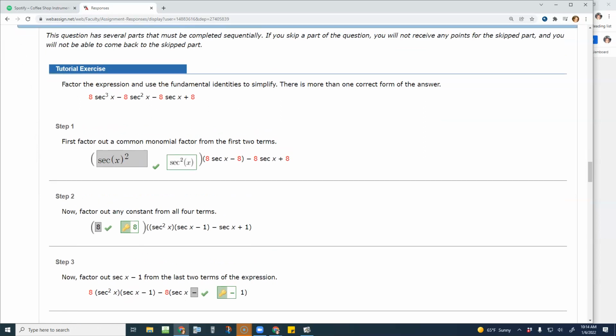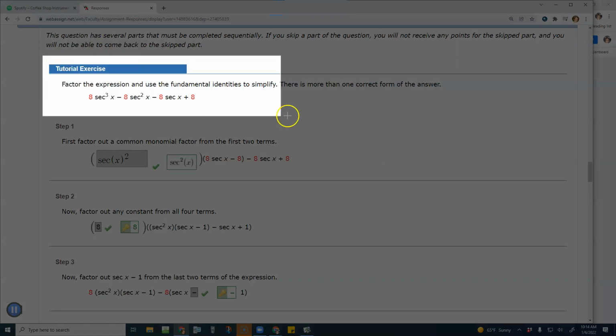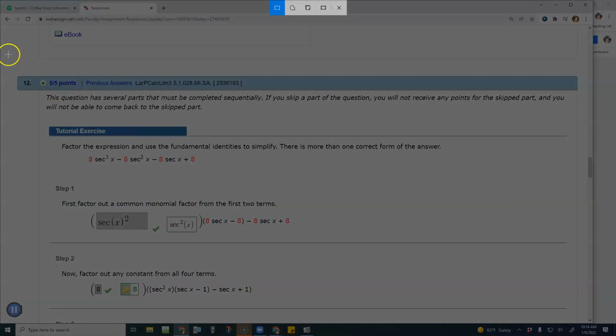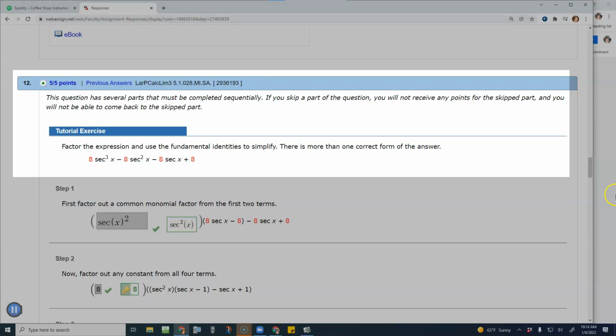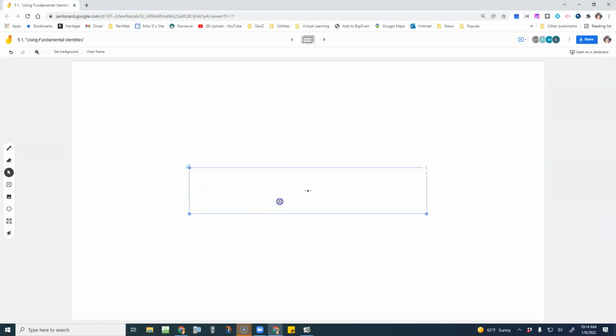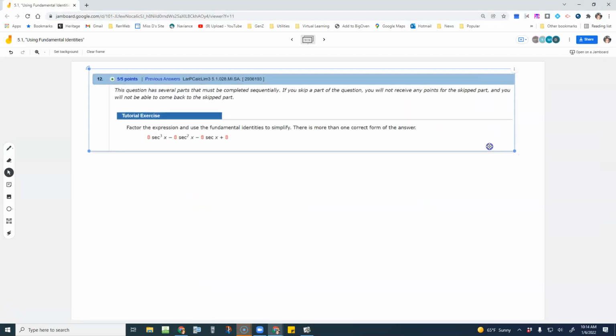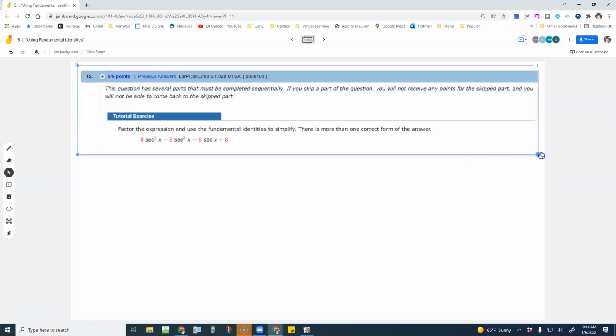Okay. Started to get interesting, right? I know the boxes can be rough to plug in. I apologize for anybody looking at this. You might want to know it's number 12. I'm not going to go through the WebAssign step by step unless someone needs me to, just to go to this one box.